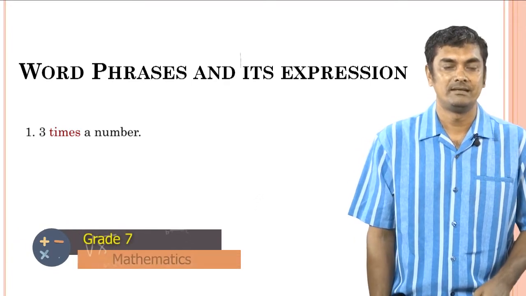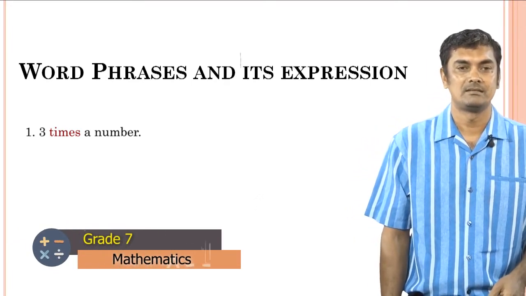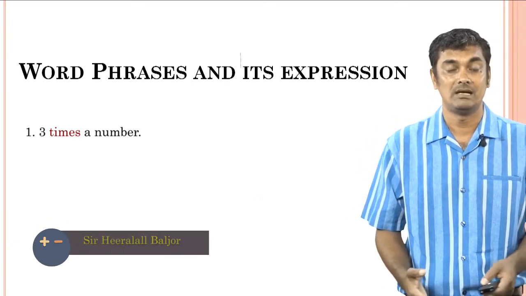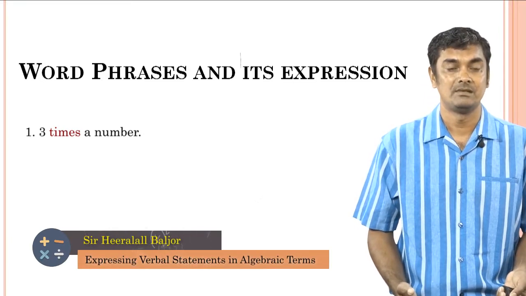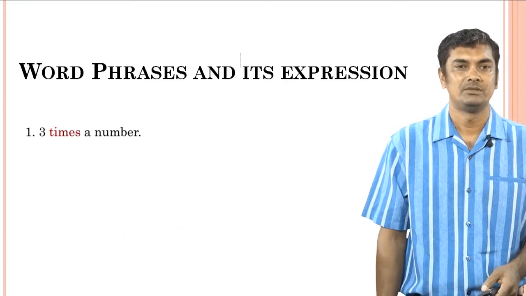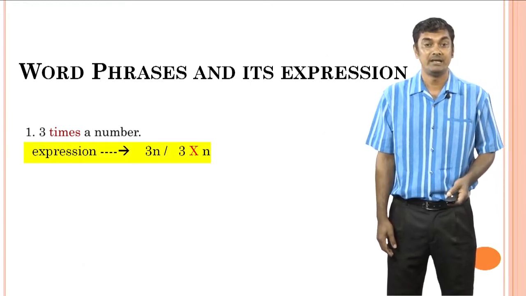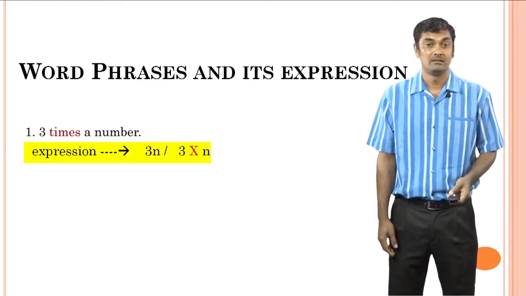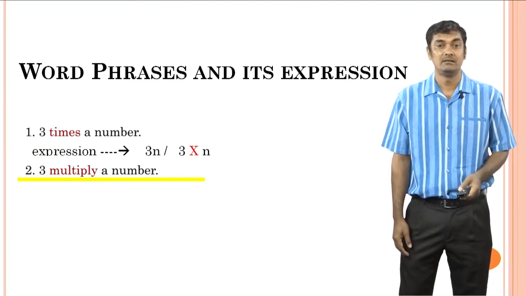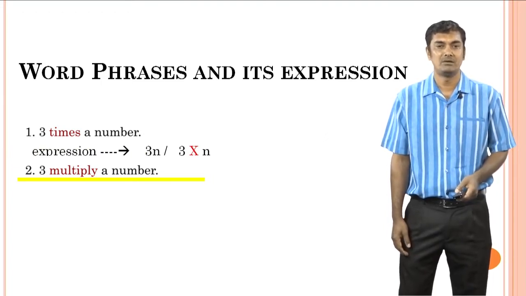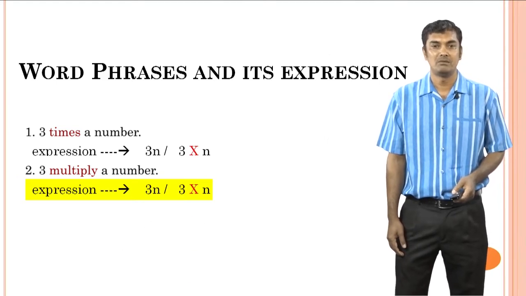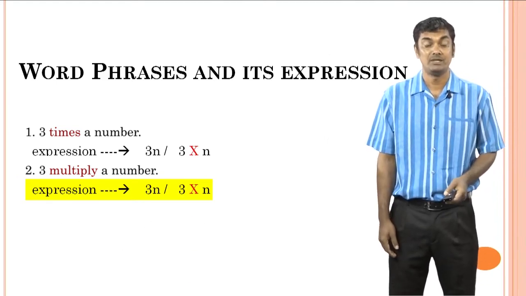Another way of writing mathematical statements, not only addition and subtraction, there is times. What do we mean by times? 3 times a number. Mathematically, it could be 3n or 3 times n. 3 multiplied by a number. What do we mean by 3 multiplying a number? The expression could be 3n or 3 times n.